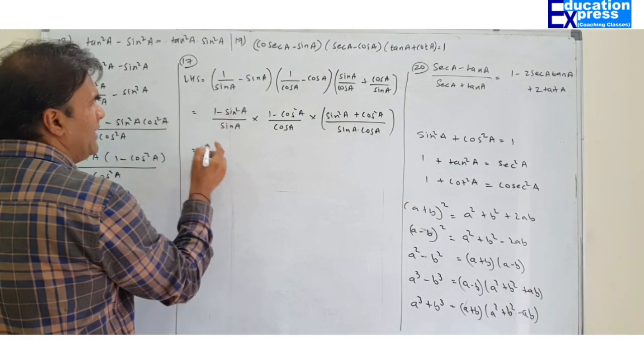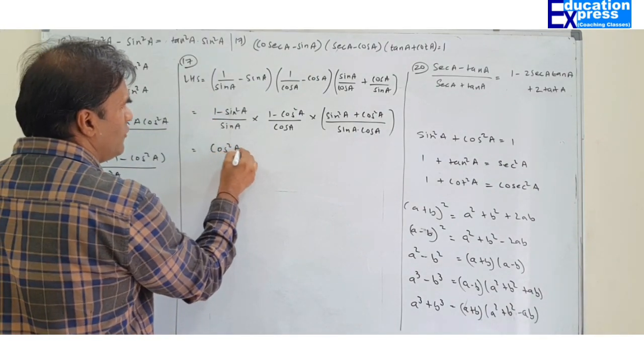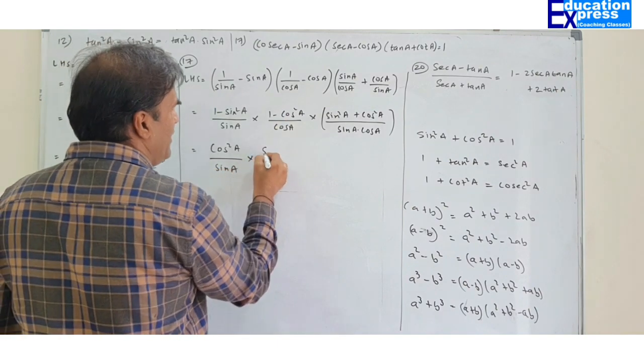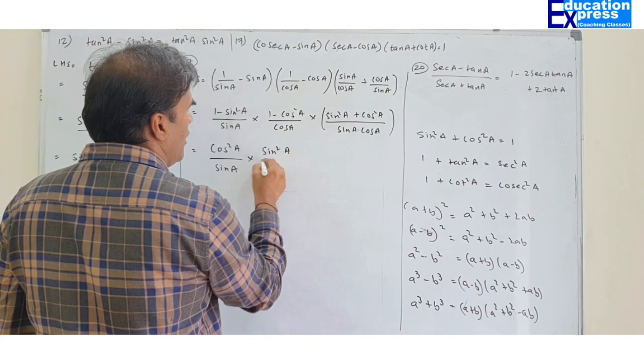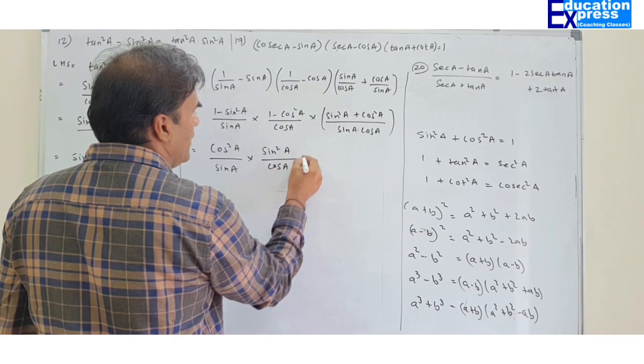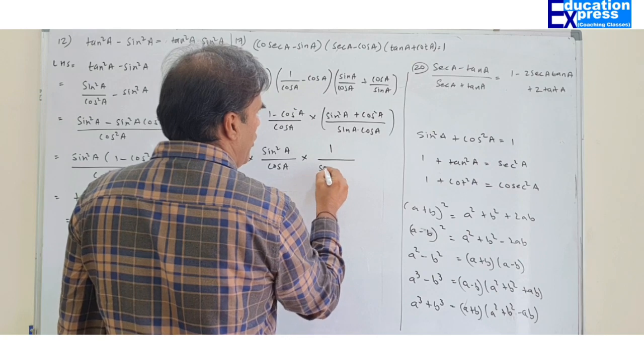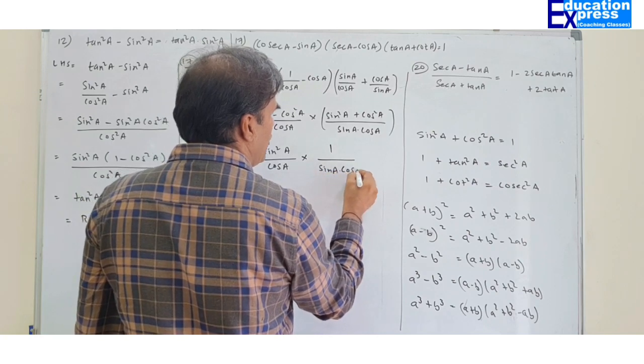We know that 1 minus sine square A is nothing but cos square A upon sine A, multiplied by this, which can be written as sine square A upon cos A. And sine square A plus cos square A is 1 upon sine A cos A.